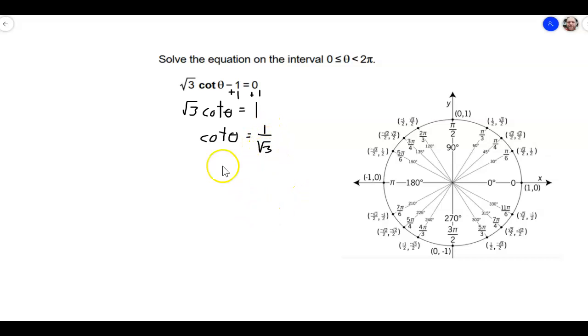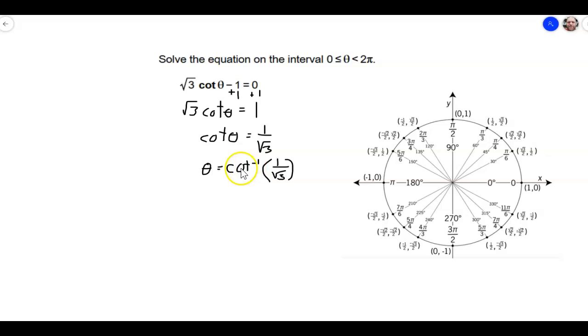All right. The next thing I want to do is take the inverse cotangent of both sides. So that means that theta is equal to the inverse cotangent of 1 over root 3.